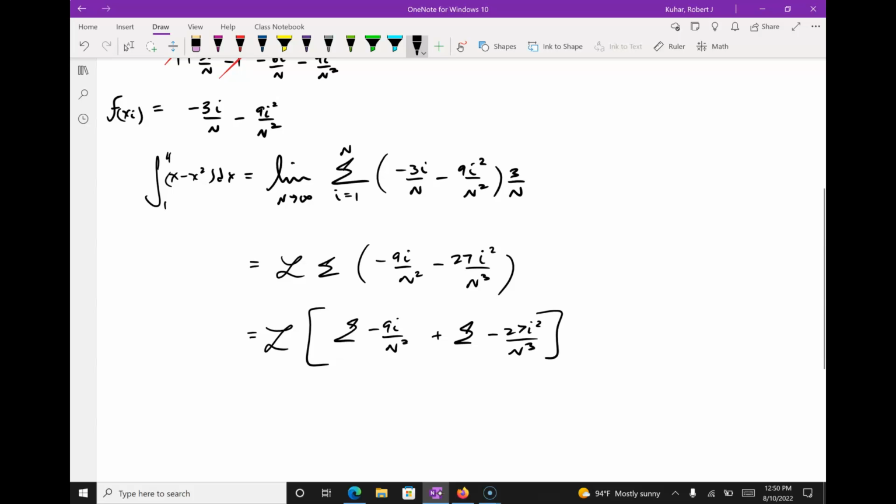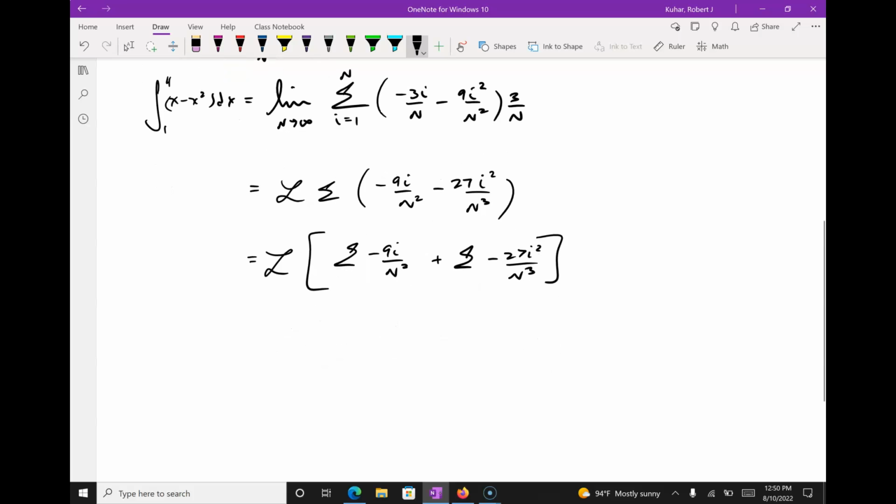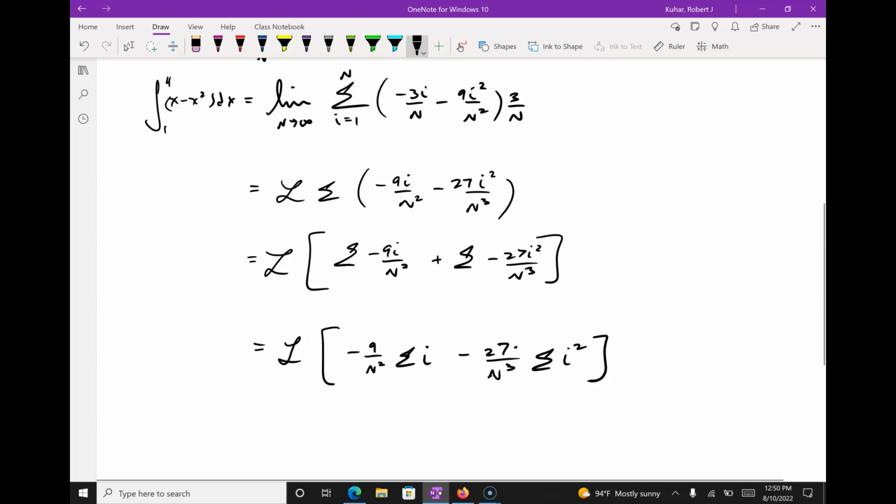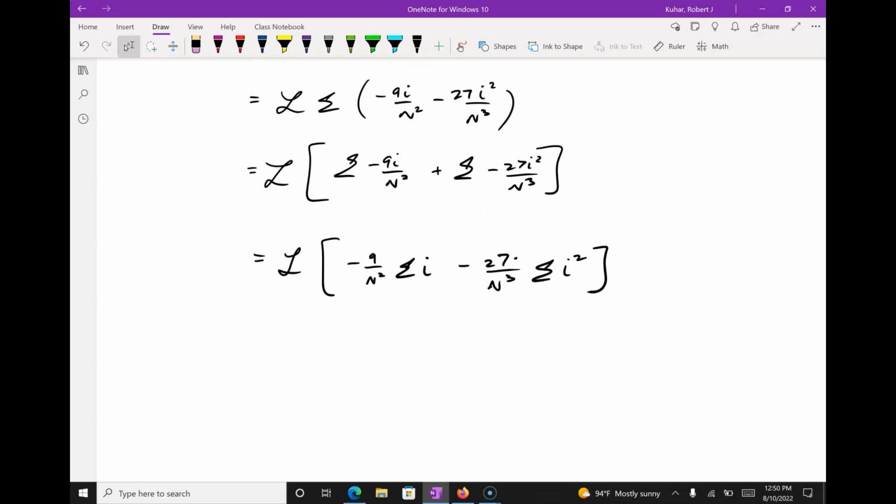Or they can move back into the sum by distributing. So there's really not too much to think about there, that I can now say that this is the limit of negative 9 over n squared times the sum of i minus 27 over n cubed times the sum of i squared. We okay here?